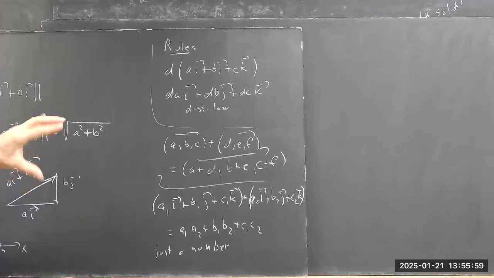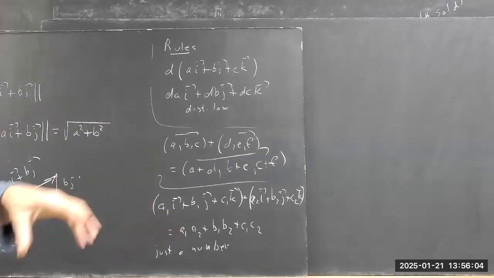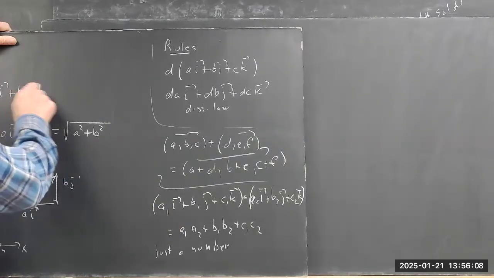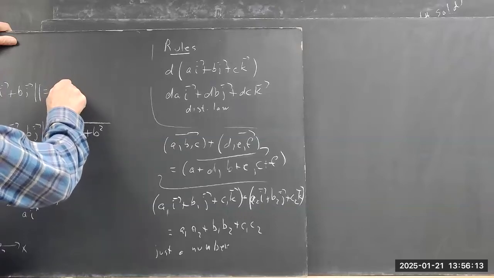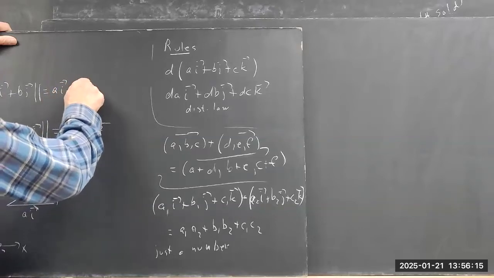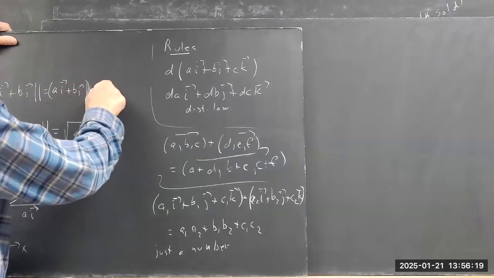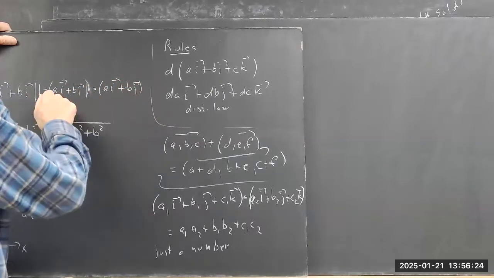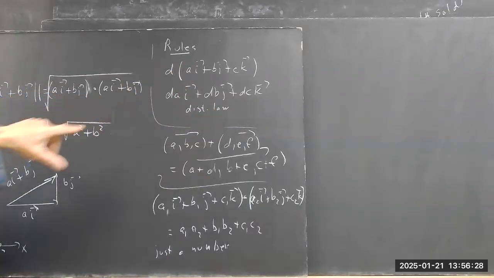It's not always used the same way, but it's always clear what it means, okay? That's just the square root of the dot product of the vector with itself.